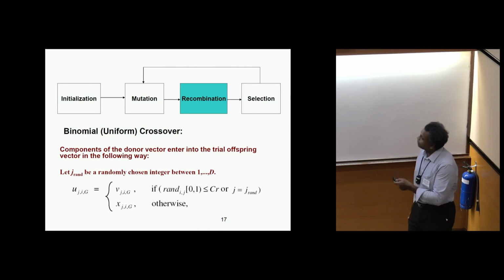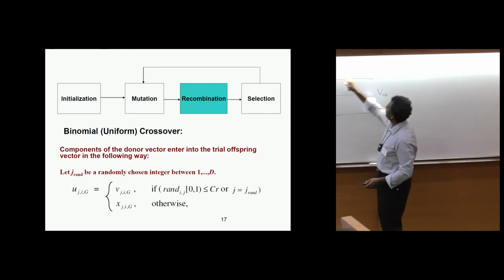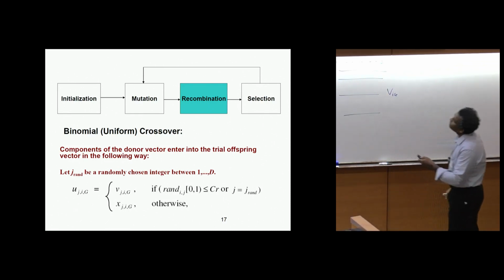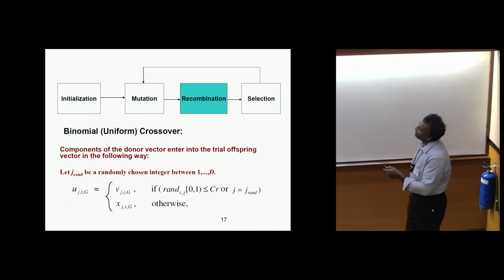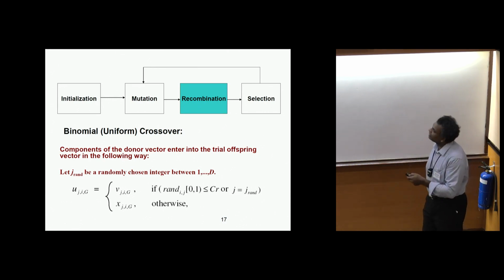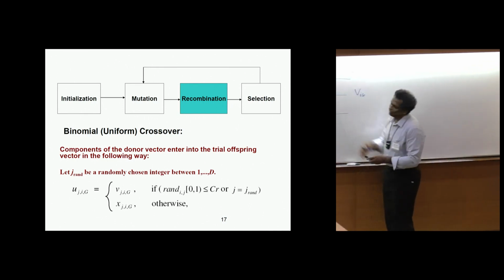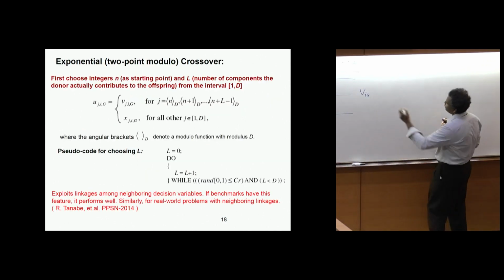For every decision variable, you generate a random value. If the generated random value is smaller than CR, and CR is usually in the range 0 to 1, you take the decision variable from the mutant vector.